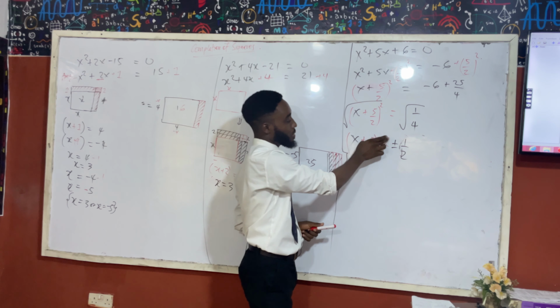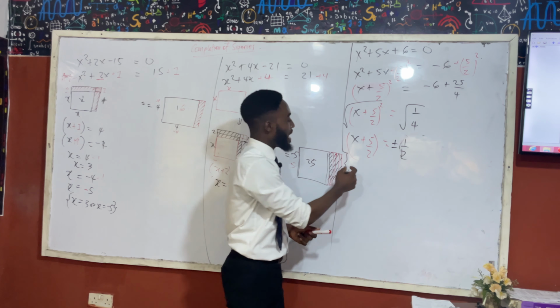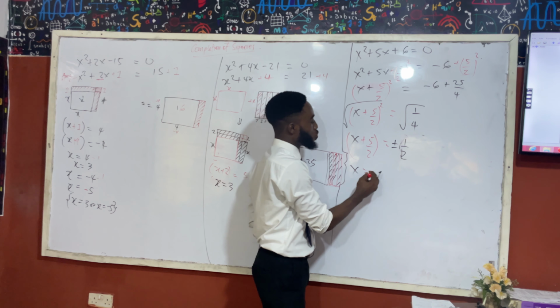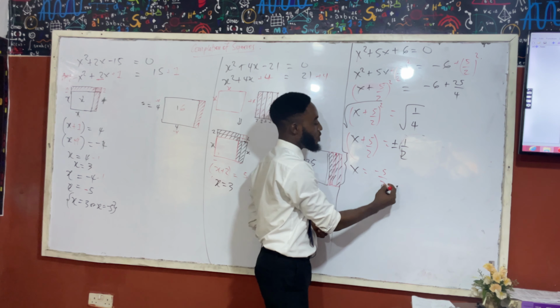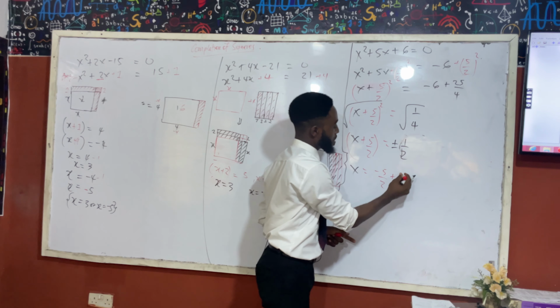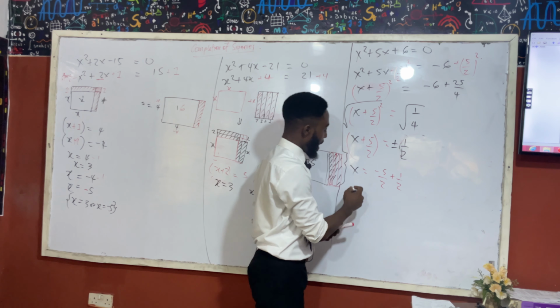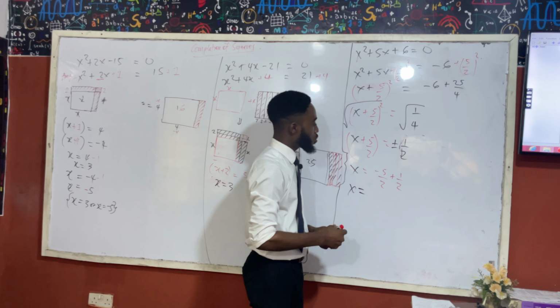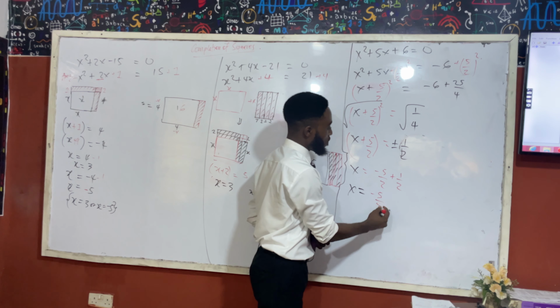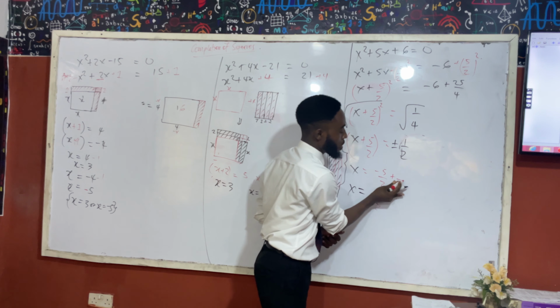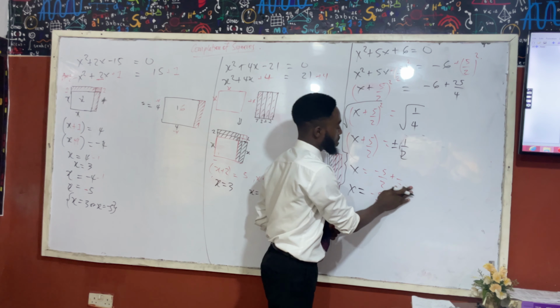From this side. Okay. So I'll now have x be equal to minus 5 over 2 plus 1 over 2, or x can be equal to minus 5 over 2 minus 1 over 2. Let me color code this well, just so that I can appreciate it.